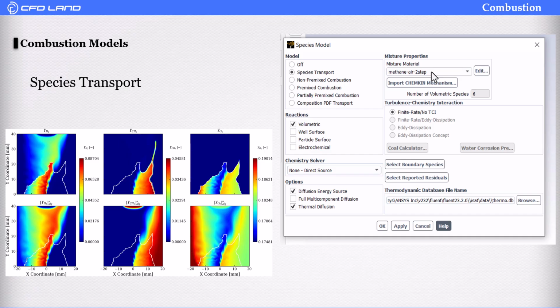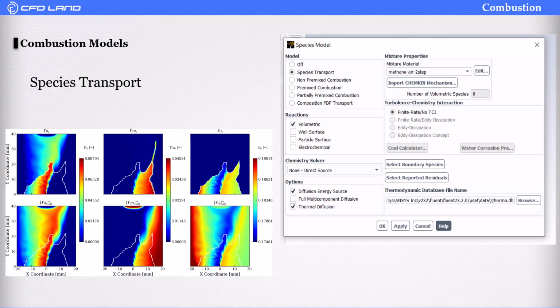The selected database mixture material, including all species and properties, are copied to your case and appear under mixture in the tree and the material task page. If any properties are missing, the solver prints a notice of the required data.